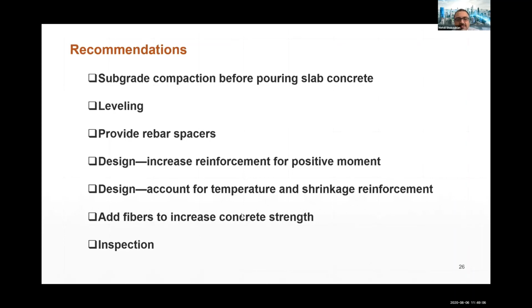That moment is caused by tensile stress in the top or bottom layer of the section, and adding fibers to the concrete mix can increase the tensile and bending capacity of the section. So with that, we can address that.